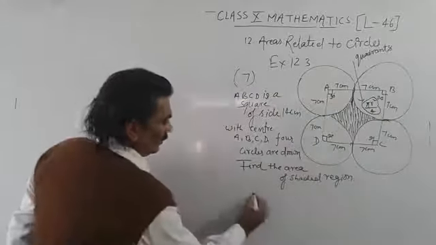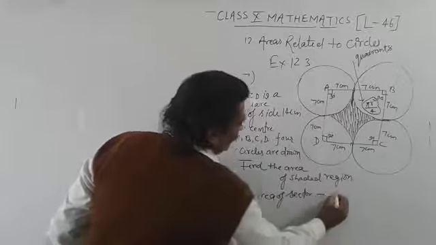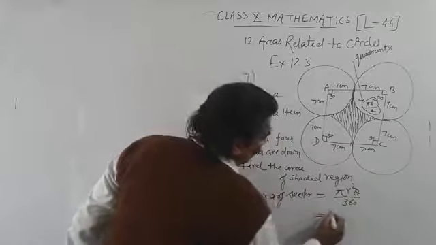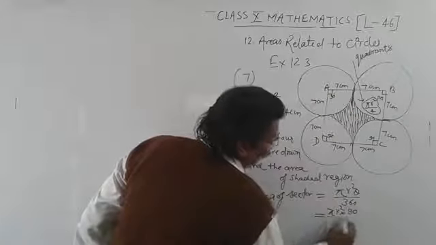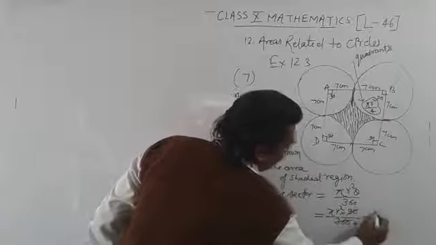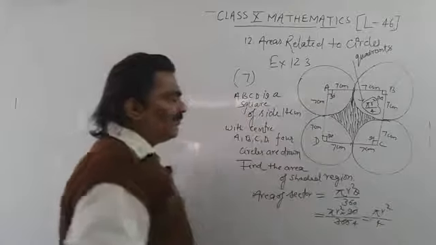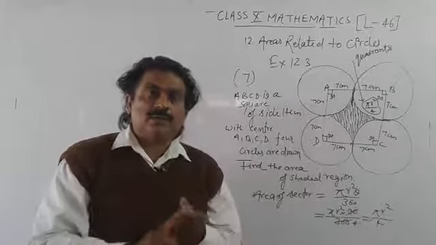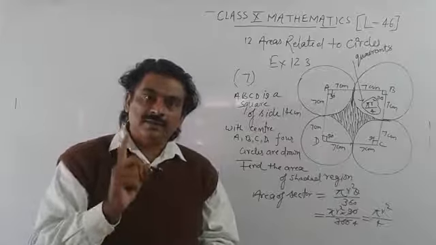You know, area of sector is equal to pi r square theta upon 360, and here theta is 90 degree, so we can write directly pi r square upon 4. This is the area of a quadrant. A quadrant is also a type of sector, meaning each quadrant of a circle is a sector having angle 90 degree.